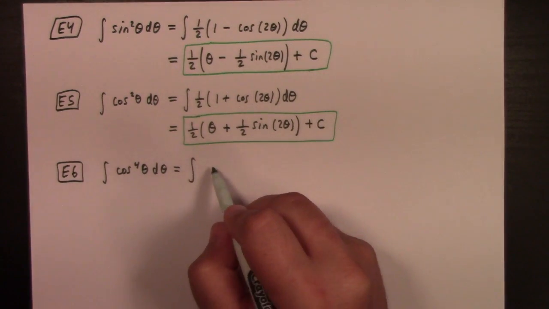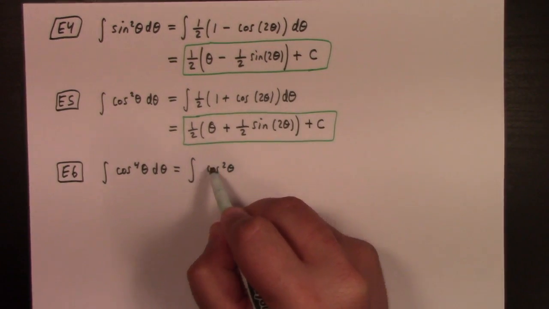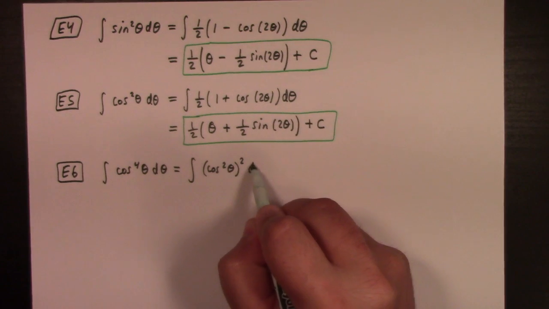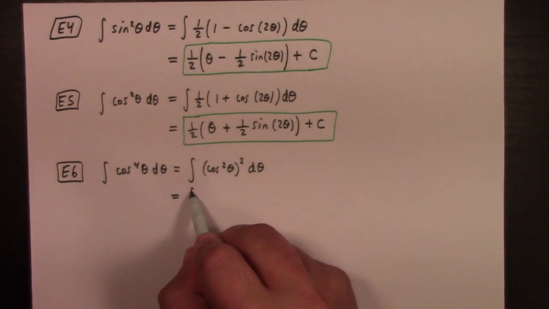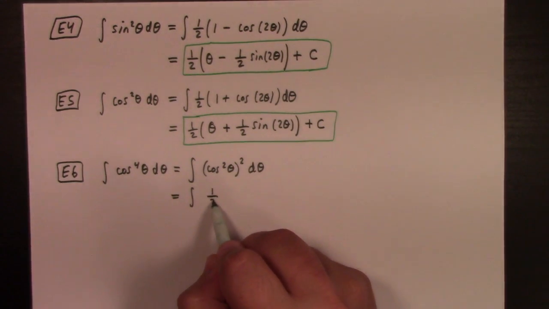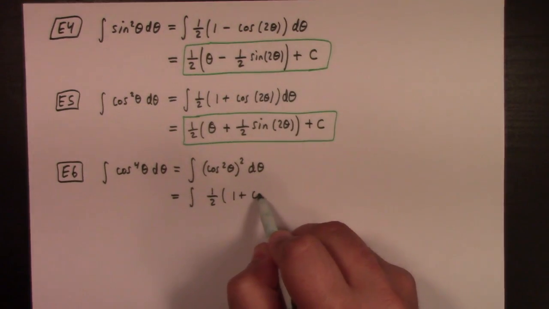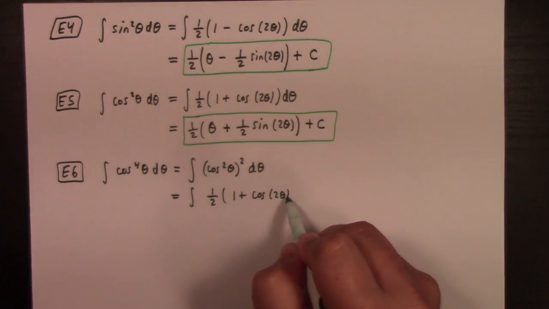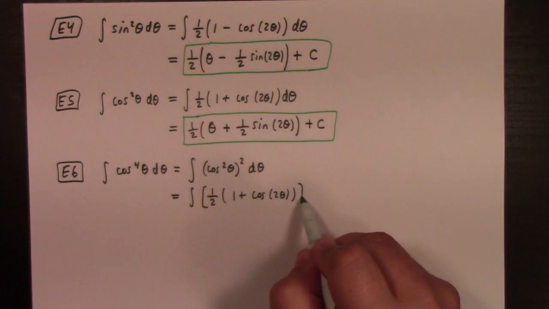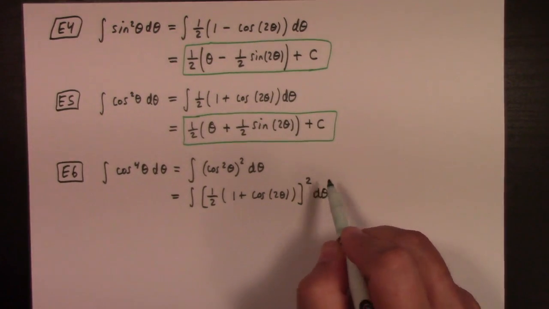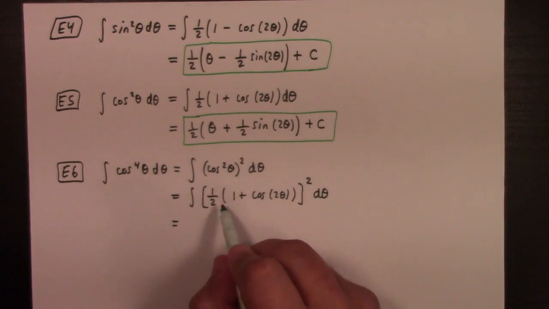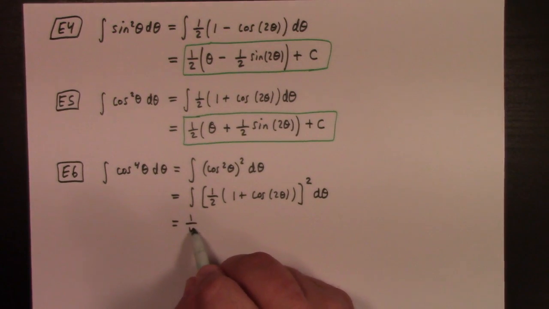Well, that's the integral of cosine squared theta, quantity squared, right? And so that's the integral of 1/2 times 1 plus cosine 2 theta, quantity, squared d theta. So I'll pull the 1/4 out, 1/2 squared is 1/4.